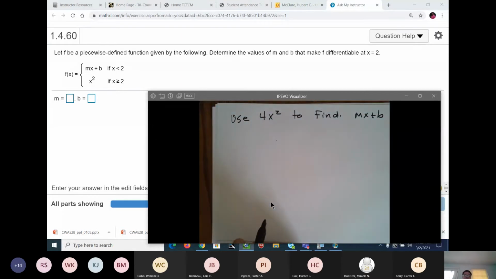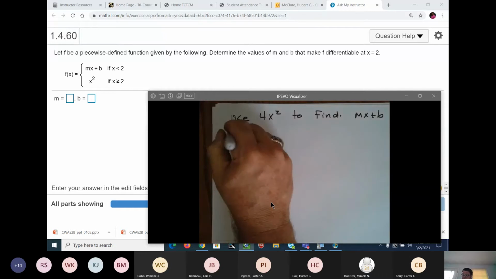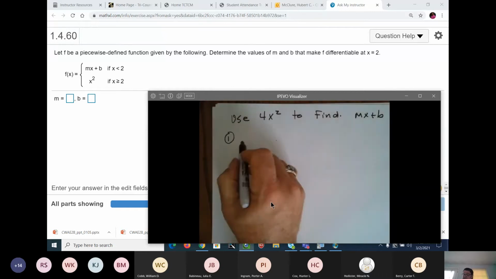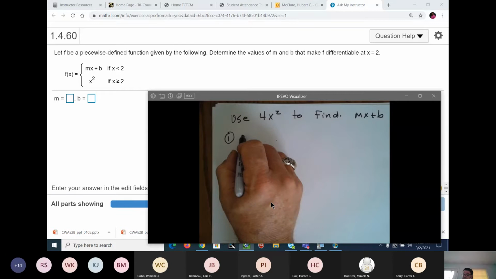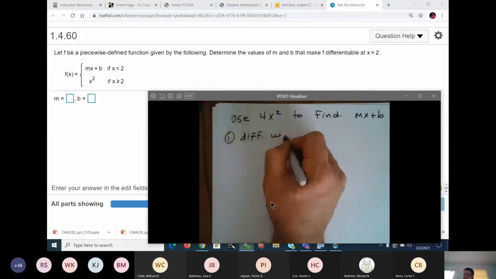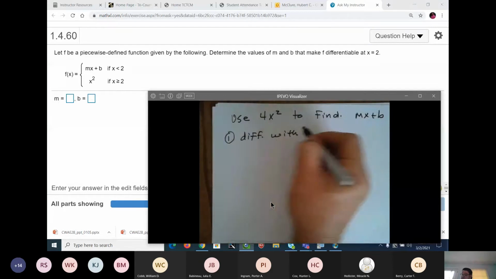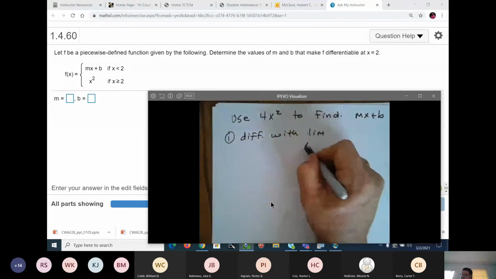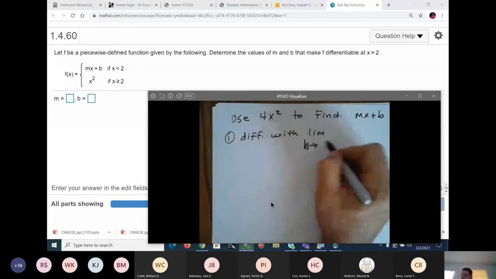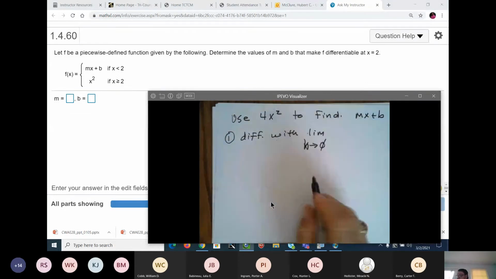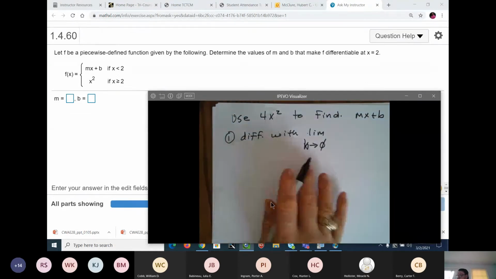That's what they're telling you to do. Use 4x squared to find mx plus b. The first thing you do is differentiate both with the limit as h approaches 0, the difference quotient.